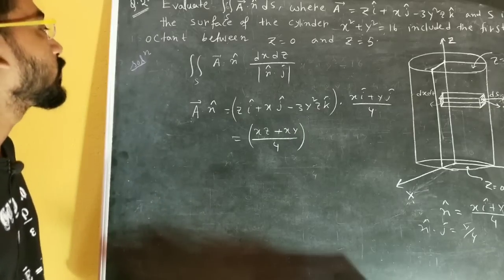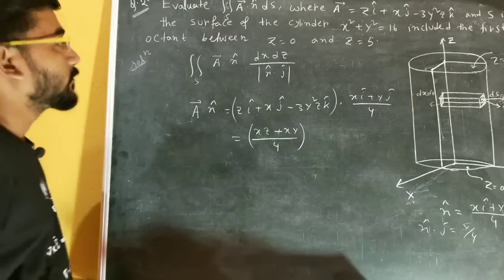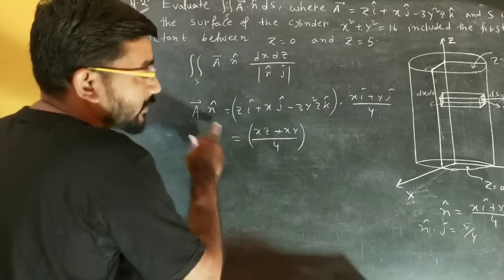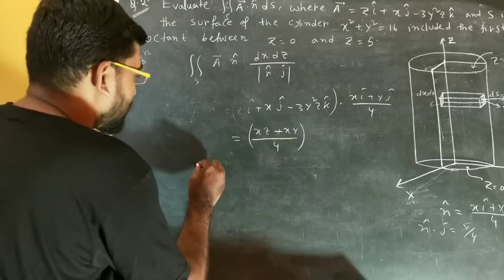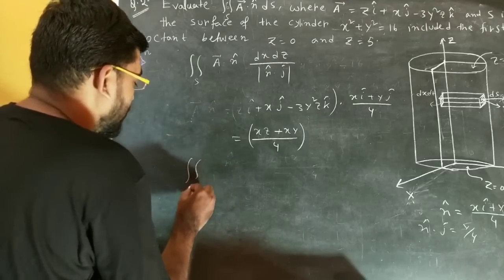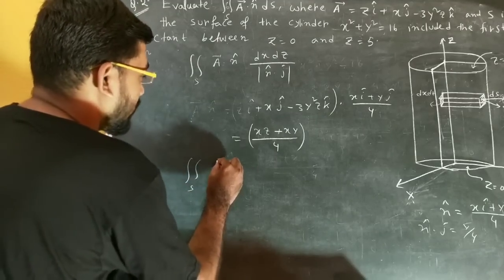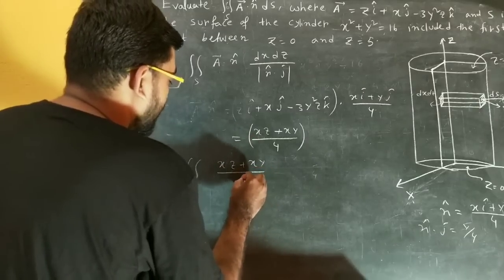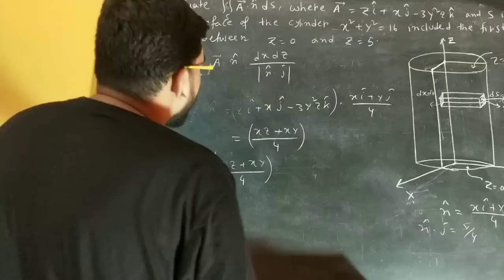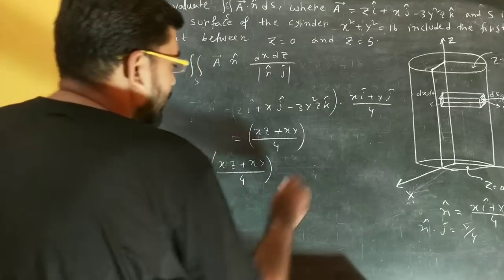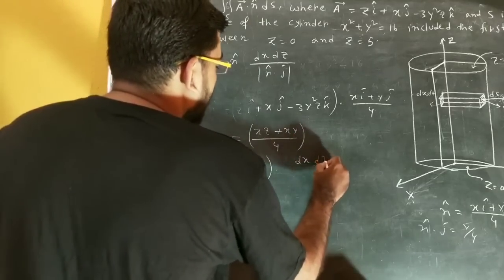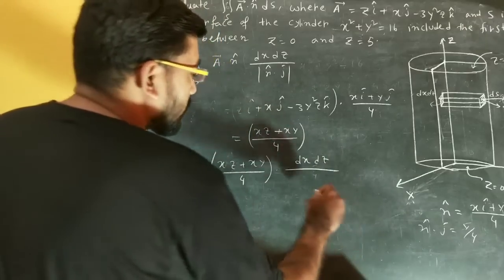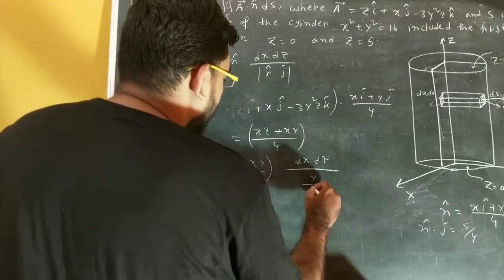Now we have to put this A dot n into the surface integration, with dx dz, and n dot j is just y by 4.